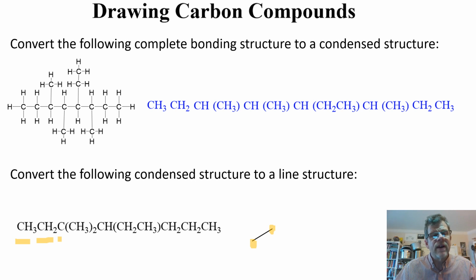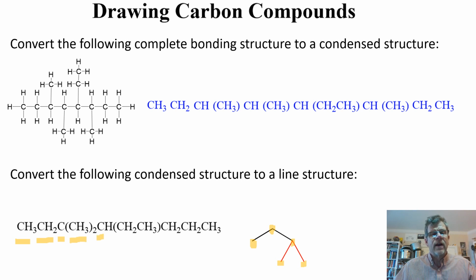Then we have a carbon which is connected to 2 CH3s. We have a double branch point off of that. So there's that internal carbon of the parent structure, and here are, on the end in red, the branch of 2 CH3s, 2 of them. So we've carried that out. So now we're going to go to our next carbon.